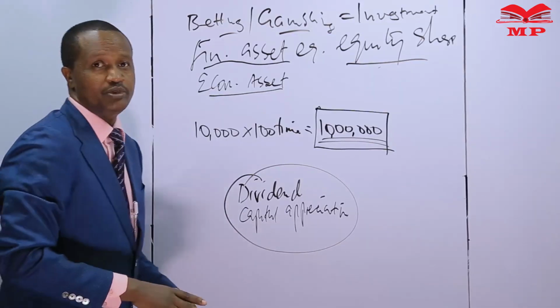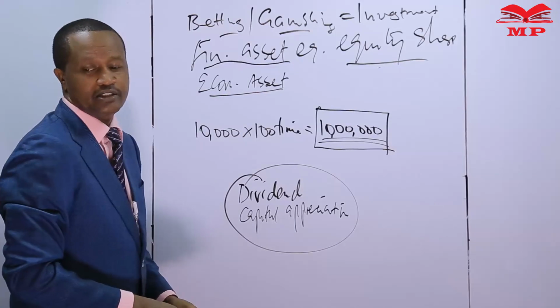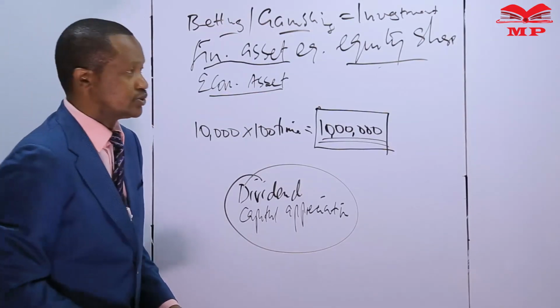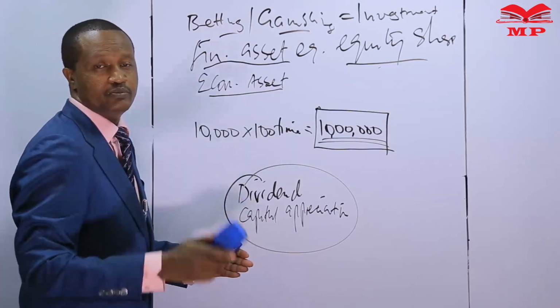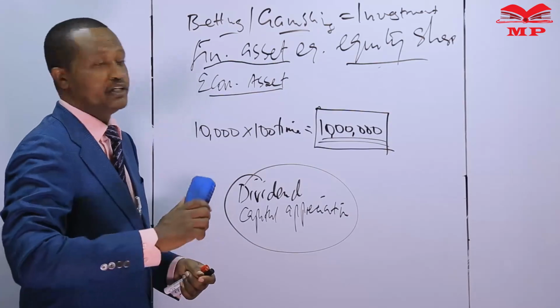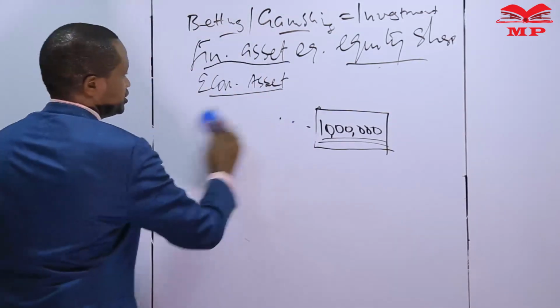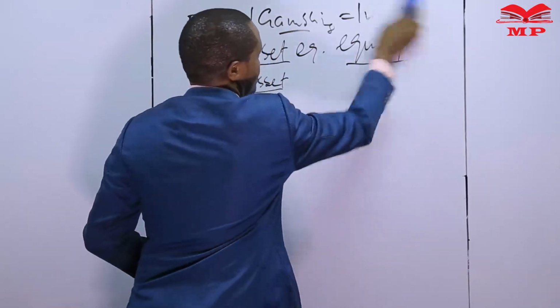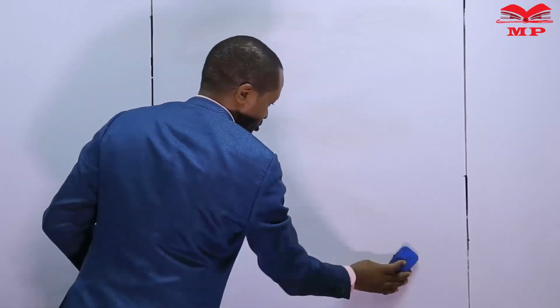Later on, I'll be talking a bit about gambling and speculation, and how they differ from investment. So that is an important point right there. As you study, get knowledge, be knowledgeable.